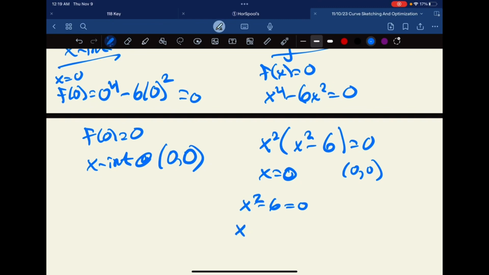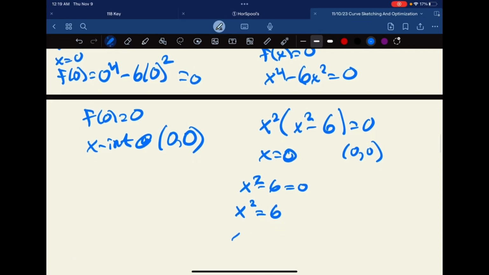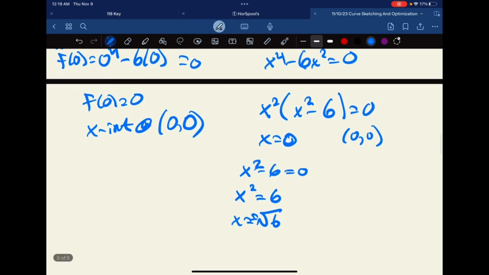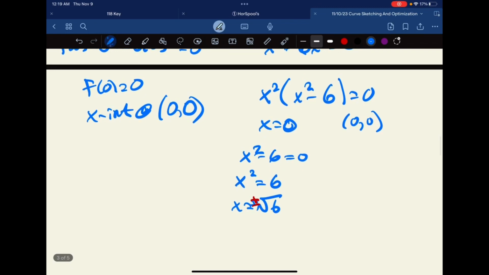So x squared minus 6 equals 0, or x squared equals 6. So we get x equals plus or minus the square root of 6. And the plus or minus is important, because now we have 3 x-intercepts.